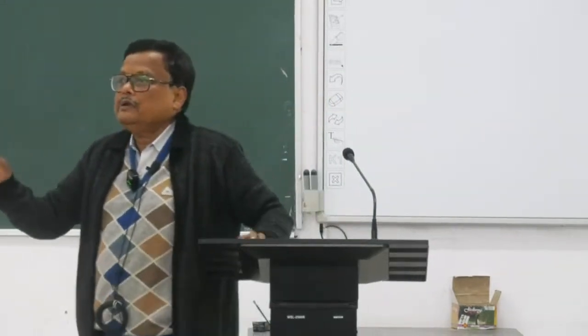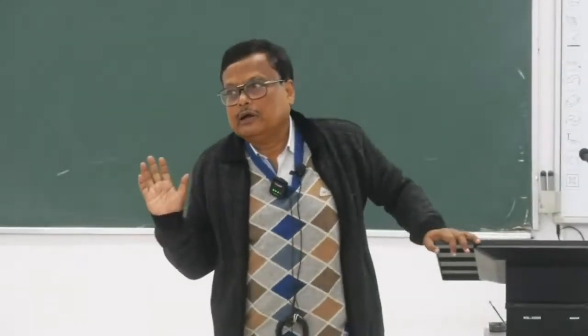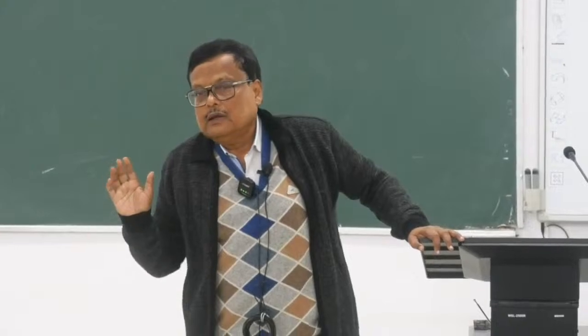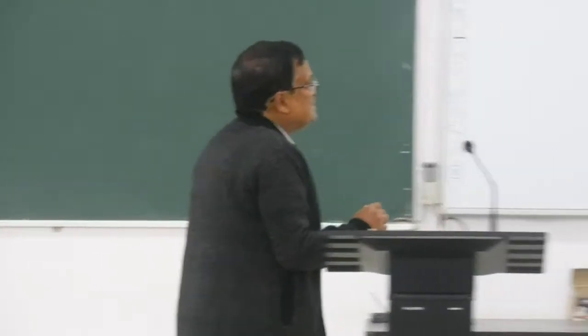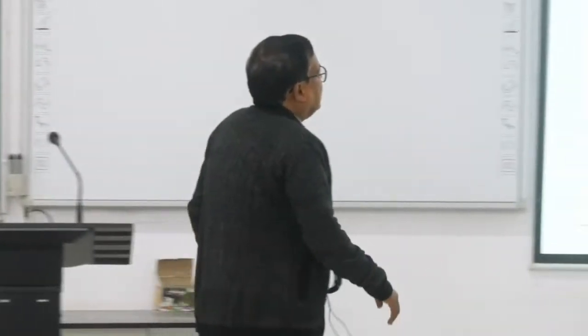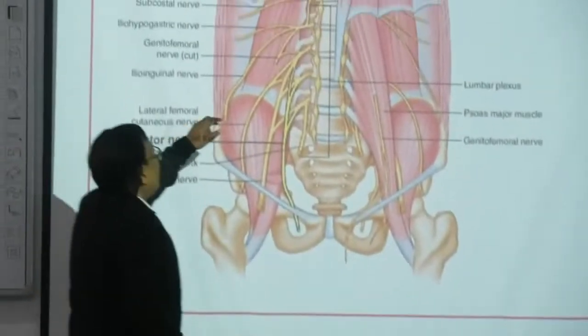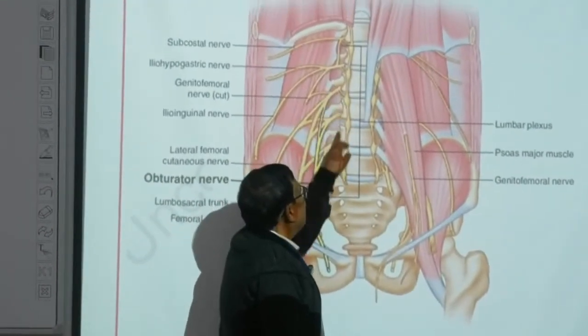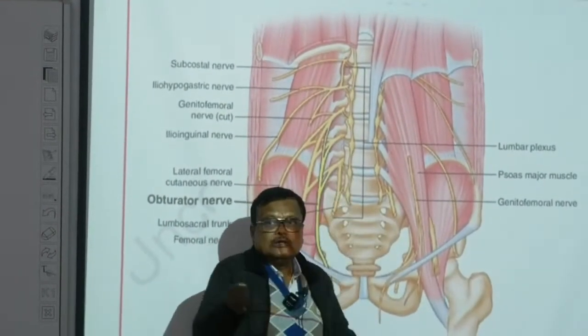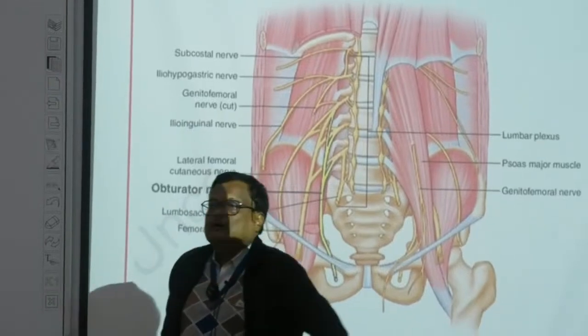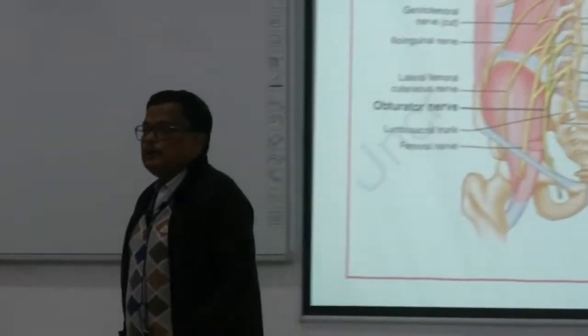So the brachial plexus is formed by the anterior primary rami of the C5 to T1 nerves. And the lumbar plexus is formed by the anterior rami of the L1 to L4 nerves with a contribution from the anterior rami of the T12 nerve.